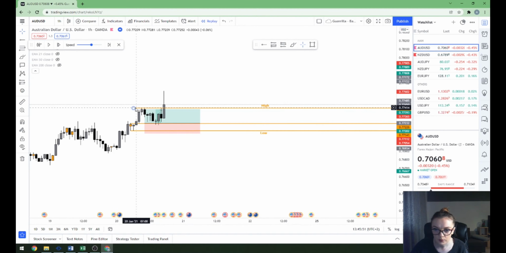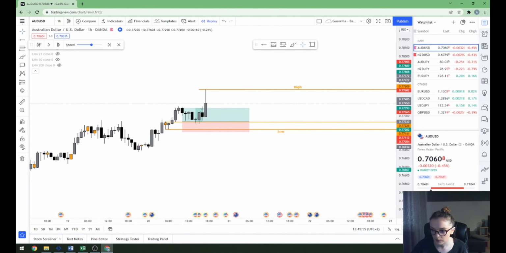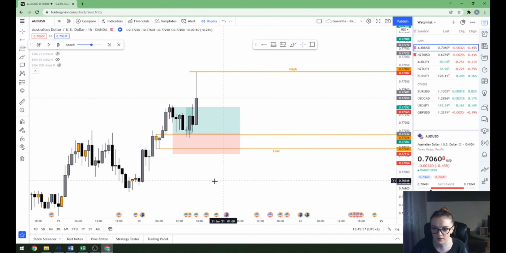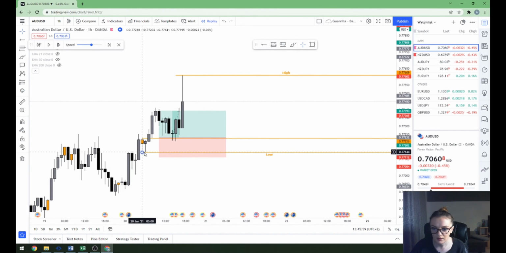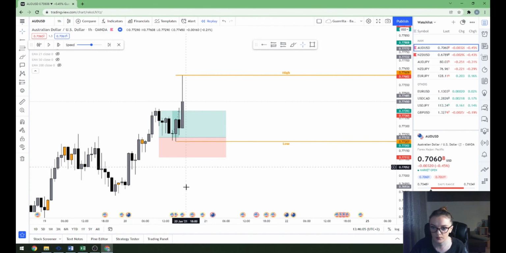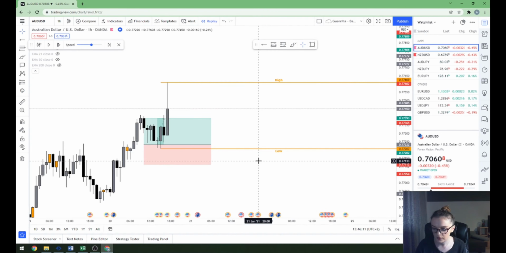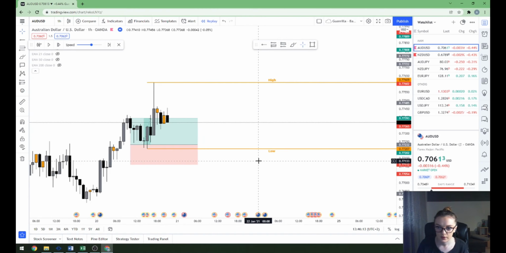Okay, we've got a pretty nice impulse to the upside. Let me make these candles clearer. Okay, and we now have our low here, meaning that our stop loss is 20 points below the low of this candle. So we no longer risk 1% for this trade.